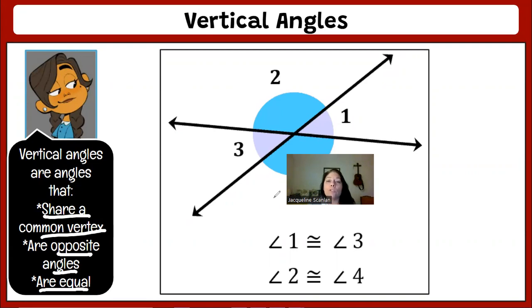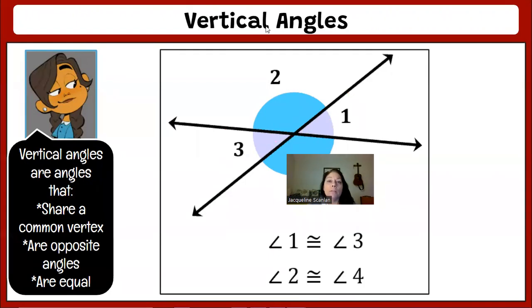So let's look at this picture and notice that angle 3 and angle 1 are what we're calling vertical angles. They share this common vertex, and they are directly opposite each other. They're also going to have the same degree measurement because of that. So now I'm going to take that information and try to apply it to the test question.